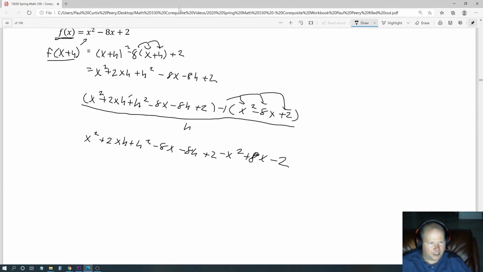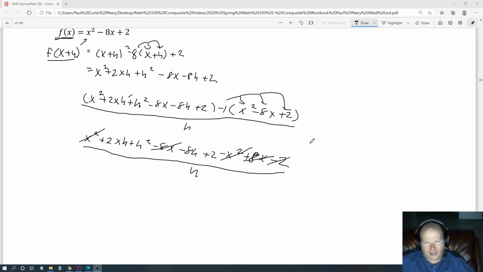All right, now that's all over the h. You see what cancels out? We have an x squared there and a negative x squared there. Those cancel out. We have a negative 8x here that cancels out with the positive 8x there. We have that negative 2 here that cancels out with the positive 2 right there. And it looks like what we have left over is the positive 2xh plus h squared.